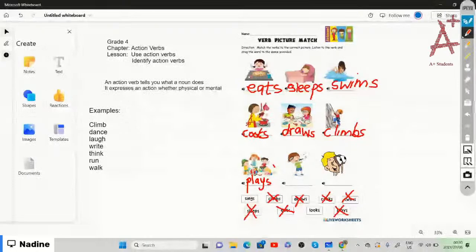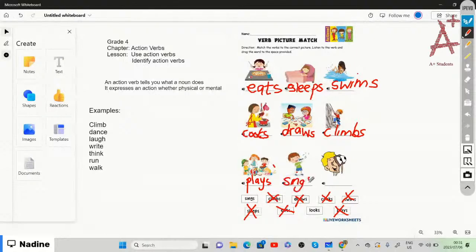In this picture, the boy has music and he's got a microphone in his hand, which means we can say he sings. What is he doing? All right, so he sings.